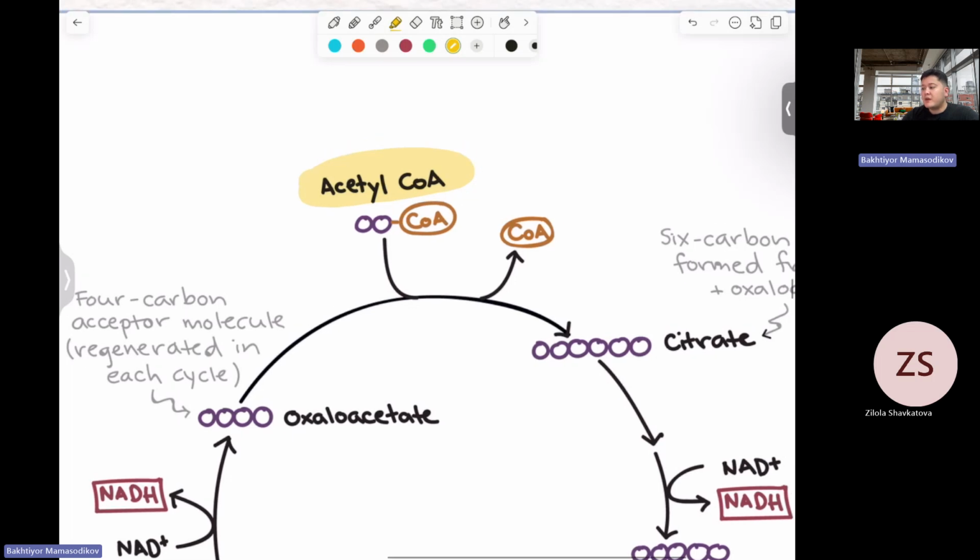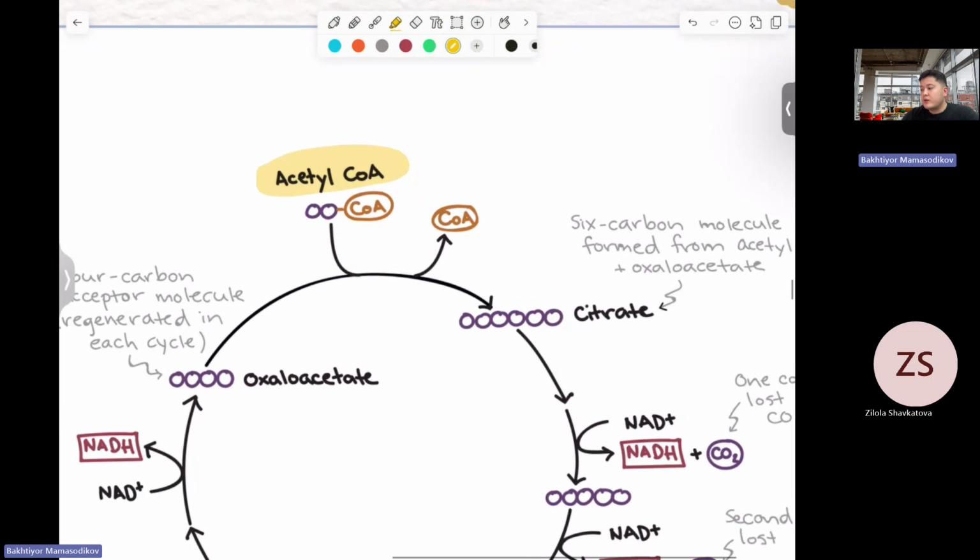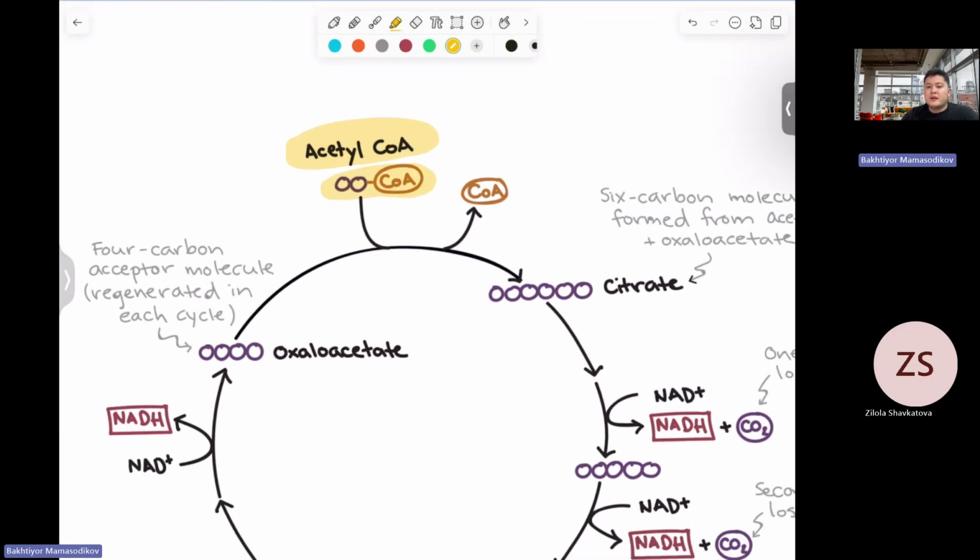So this is one acetyl-CoA, from the previous pyruvate dehydrogenase complex step. It is going to break down and release a lot of energy in the form of electron carriers. And it's called a cycle because it ends where it begins.